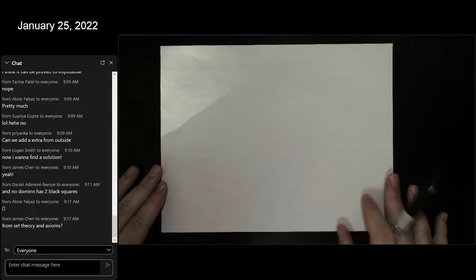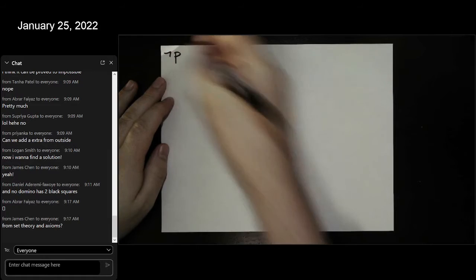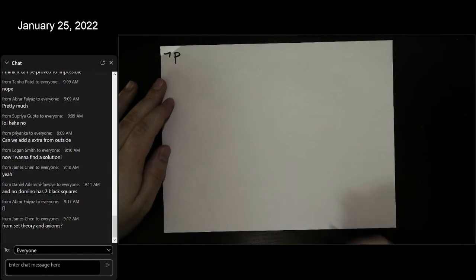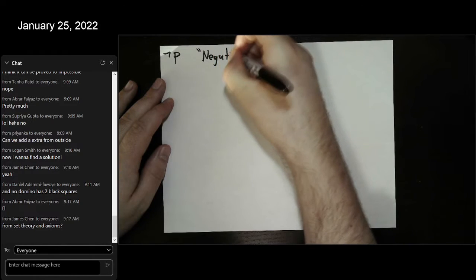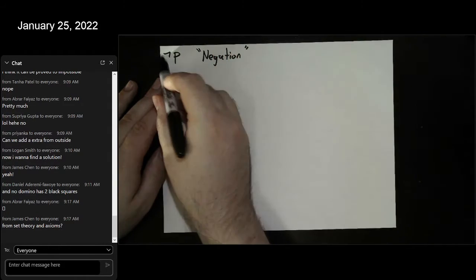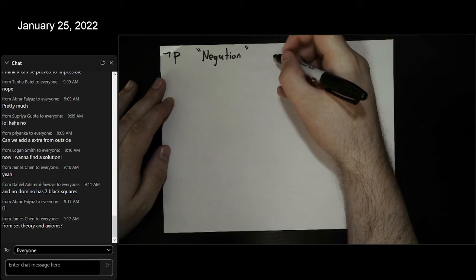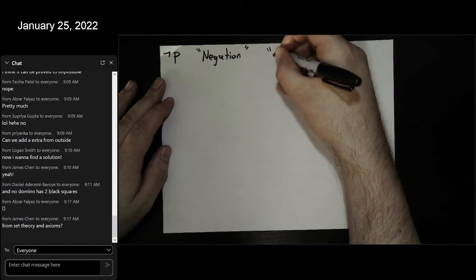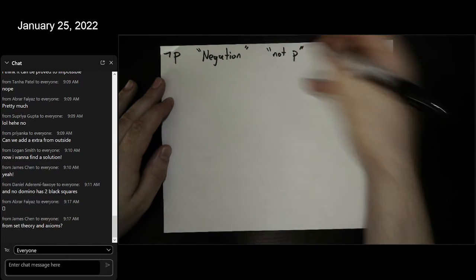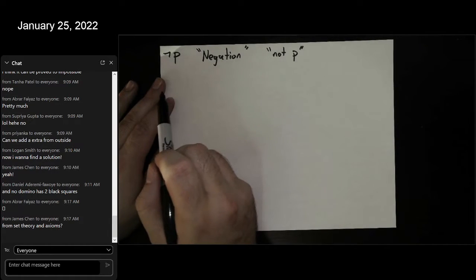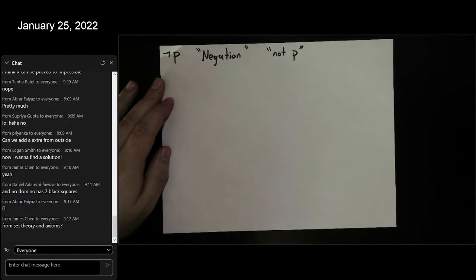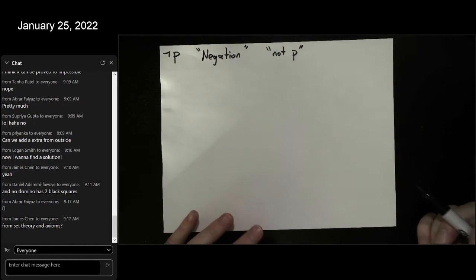One example is not P. So this is negation. We read this symbol as not. So this is not P. And not P is a proposition that has the opposite truth value of P.